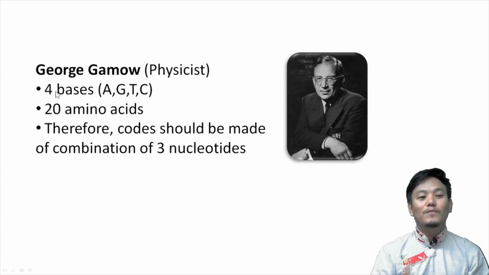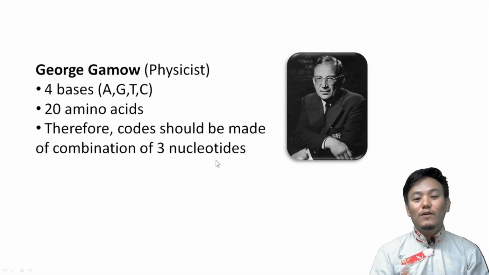Since there are 4 bases and 20 amino acids present within the proteins in biological systems, he argued, the codes should be made of a combination of 3 nucleotides.